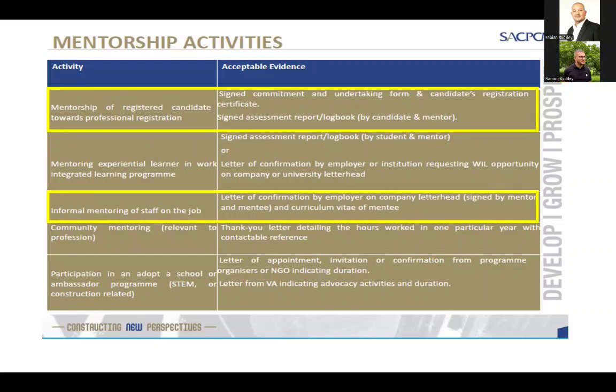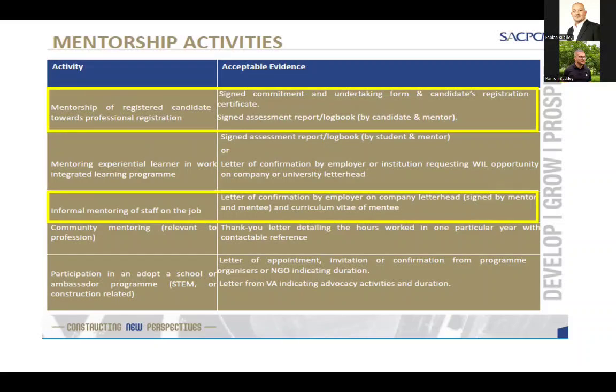Then the next one, which we're going to cover, is the informal mentoring of staff on the job. This is, for example, if you are a registered person and you've got safety officers, supervisors, health and safety representatives on your project.